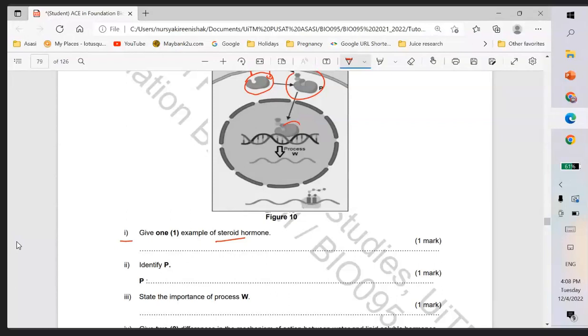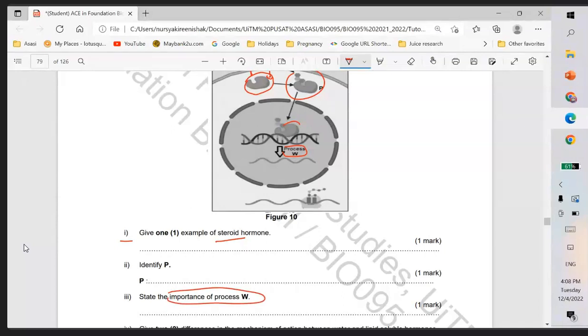Are you sure? Itu kalau RNA processing kan? Ini sebelum RNA processing. Apa dia? Straight daripada gene, the information is copied into mRNA kan. So proses tu adalah proses apa? Transcription. Transcription. Okay, dia tak tanya W tu apa, dia tanya importance of W. Apa dia?